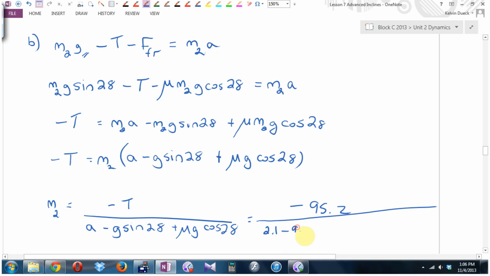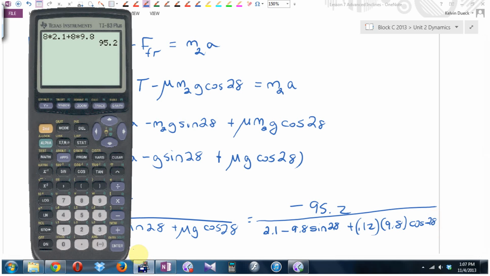Minus 9.8 sine 28 plus, what was mu? 0.05? 0.12, sorry. 0.12, 0.05 I think was the last question, or a couple of questions ago. 9.8 cos 28. Okay, I can type this.